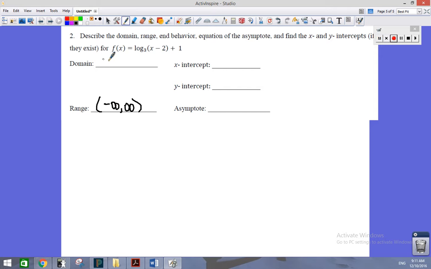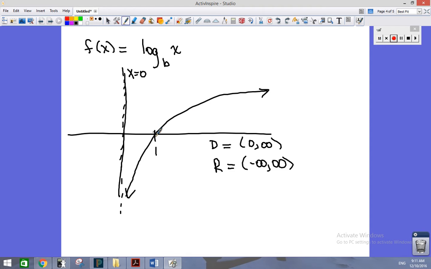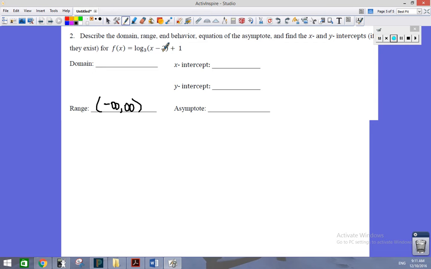And now for the domain, we do have a shift to the left or to the right. So without any shifts, I know my domain is 0 to infinity. Now this minus 2 is bizarre in its behavior; transformations on the x kind of act counterintuitive. You're not going to subtract 2 from x, you're going to add 2.